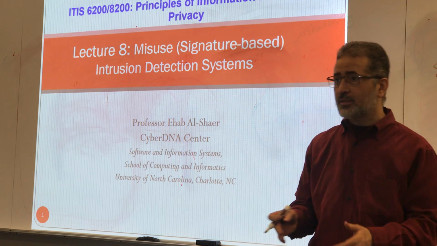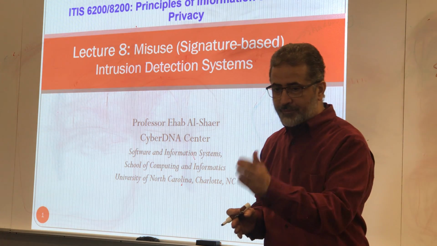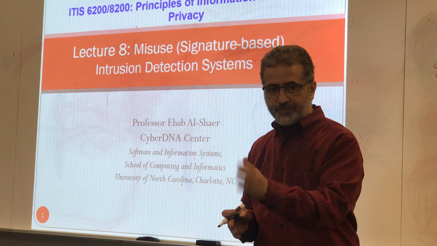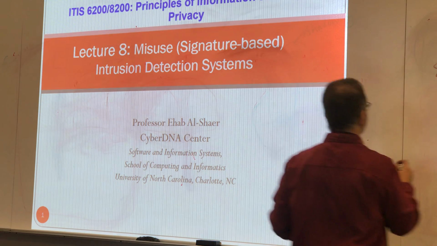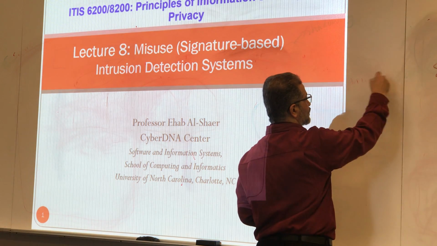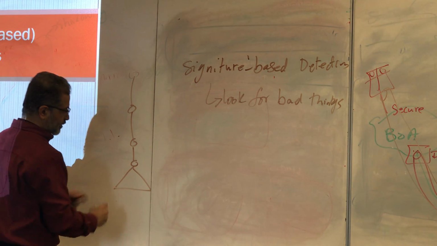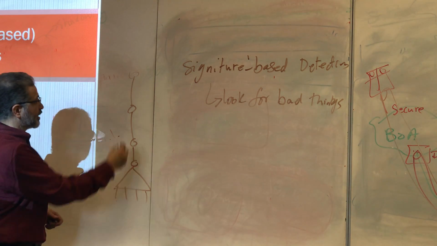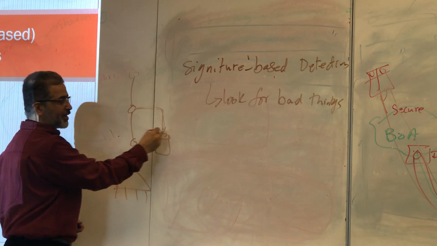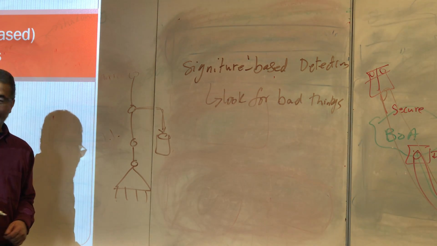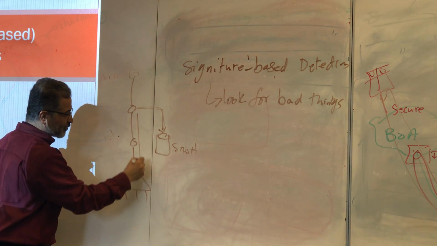It's slower than a firewall. It's never been done at line speed. This is your network, going to your machines over here, with Snort coming in like this. It takes a copy of your packets and gives it to Snort, and the traffic will continue.